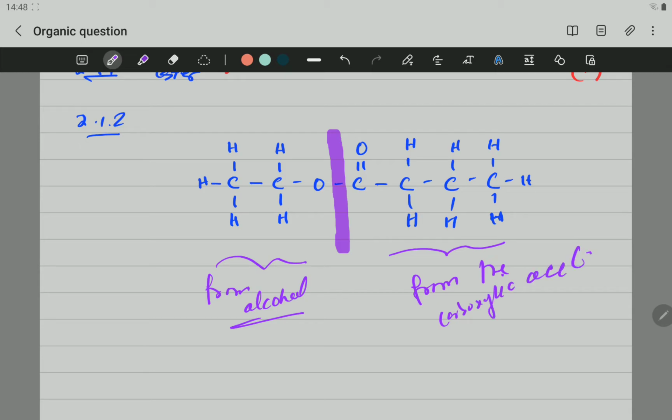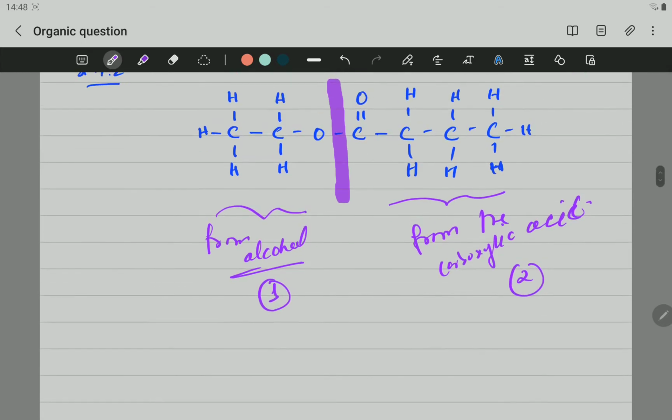Remember, the alcohol is always first and the carboxylic acid is always second, and you also change the name. This alcohol has 2 carbon, and therefore is ethanol, so we change that to ethyl, and that is the first part.